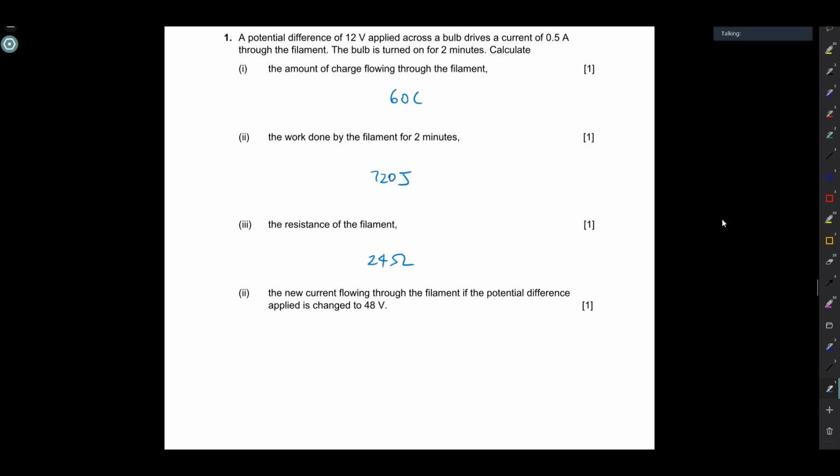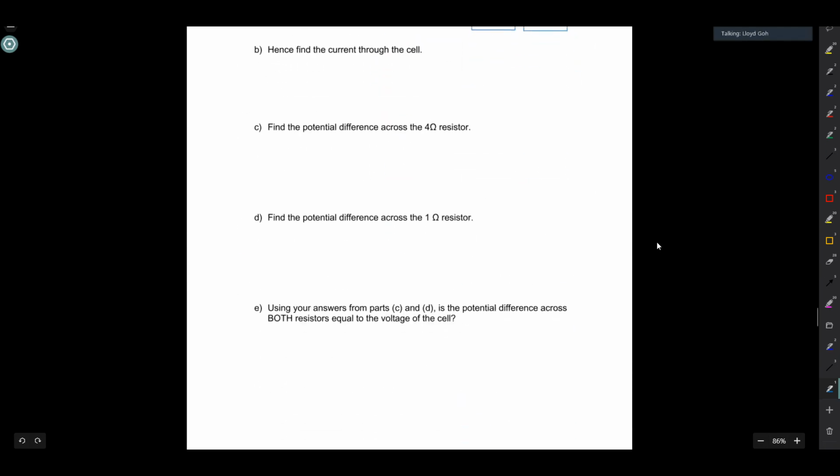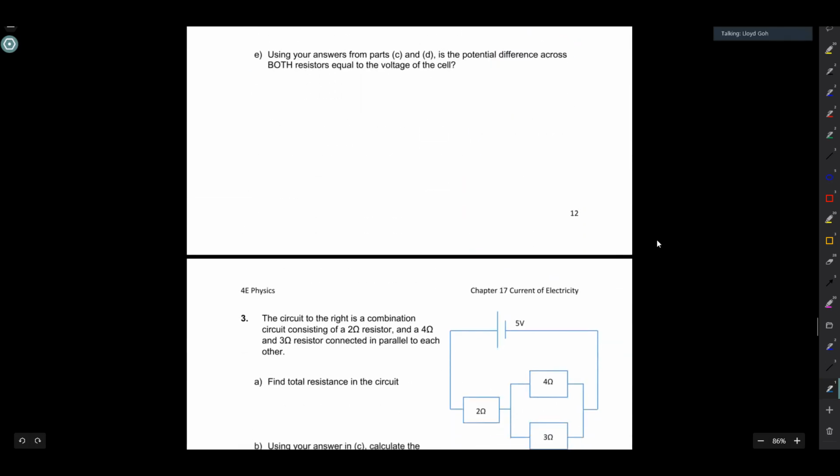Your current flow. Okay, you can try the questions on page 11 and 12.